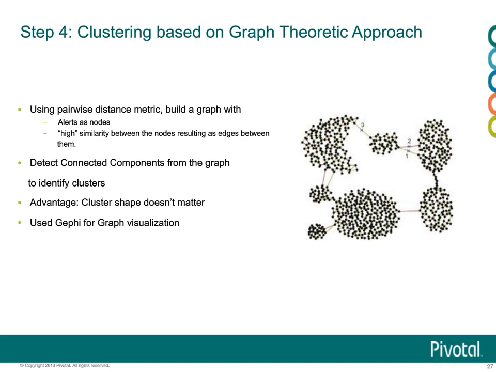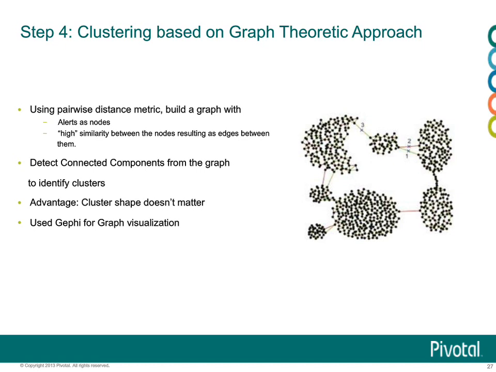A connected component is a subgraph that is not connected to any other part of the graph. So it will automatically find clusters, and the nice thing about connected components is that the cluster shape doesn't matter. As long as you're able to find a subgraph that's not connected to anything else, then you're good to go. But there is a problem with this approach, which I will mention in the next slide.